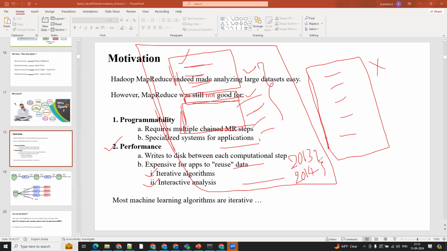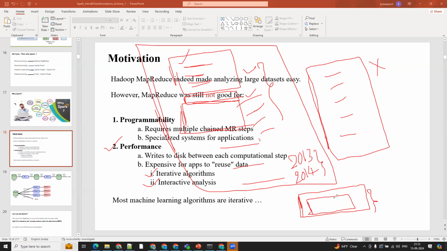Why do we use machine learning algorithms? For predictive analysis. Predictive analysis means we give a set of data to the algorithm, identify the patterns in it, and we should be able to predict, for example, next year's sales growth and the following year's sales growth, and all those business predictions.